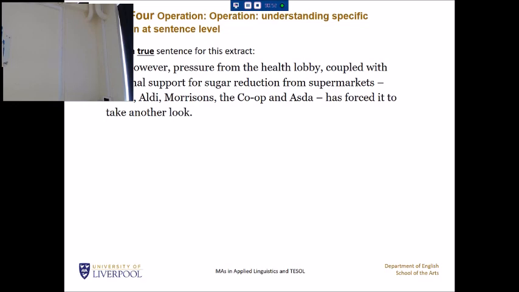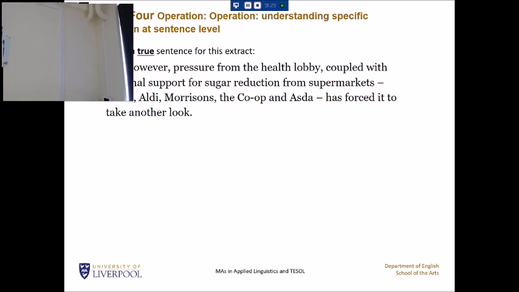Okay, so supermarkets support. We can't use support. What was that? I heard it. Bring. No. If you support what someone is doing, you agree.